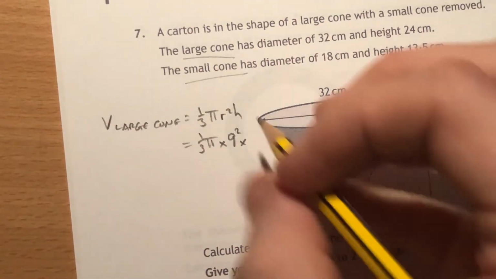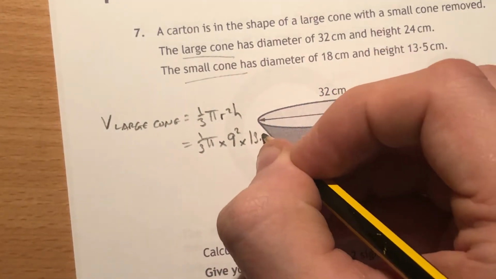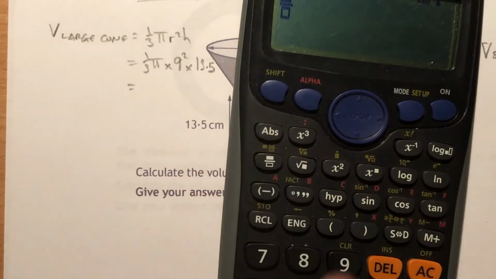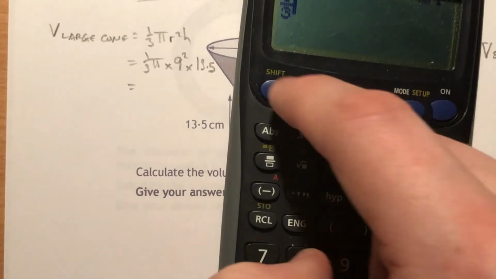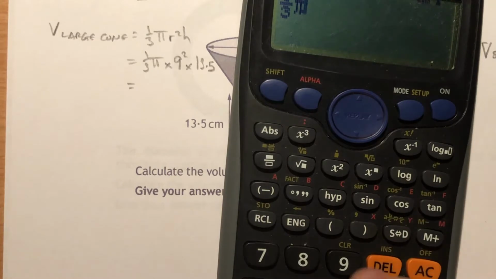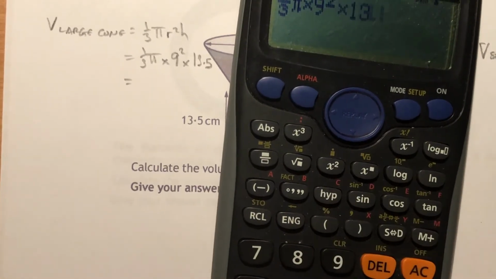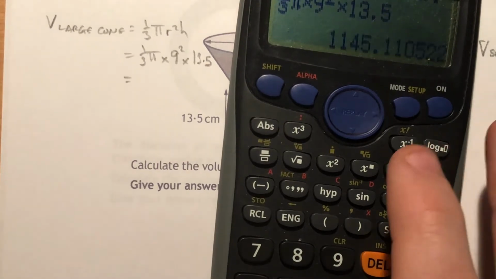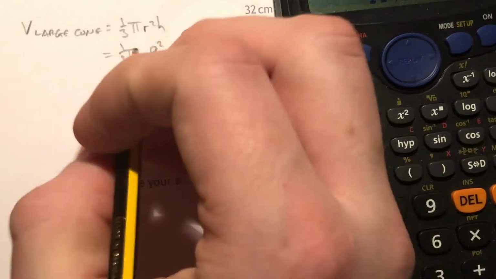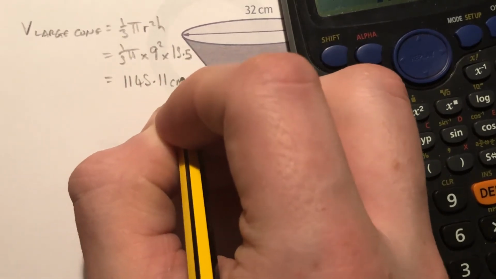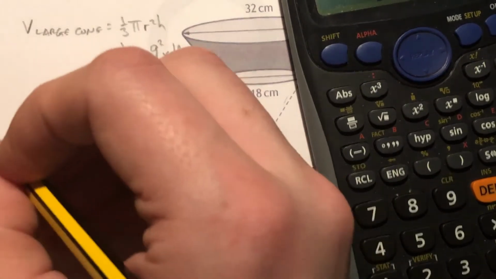And the height is 13.5. So straight into the calculator, 1/3 times pi times 9 squared times 13.5 gives me 1145.1 centimetres cubed.